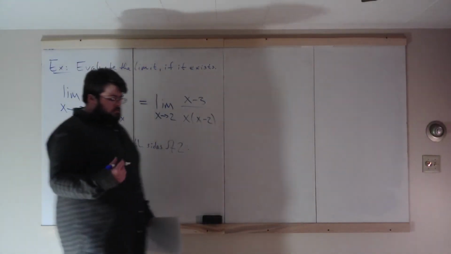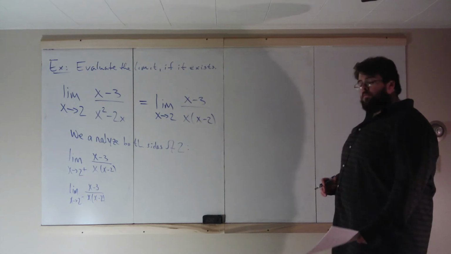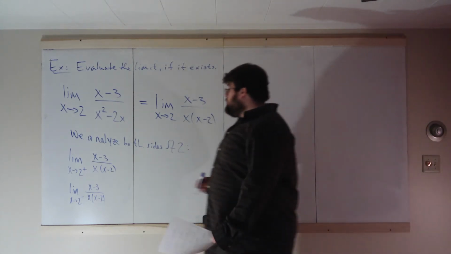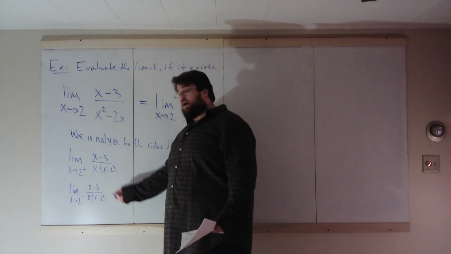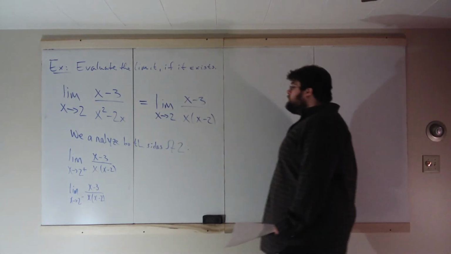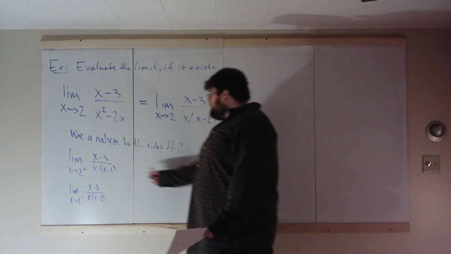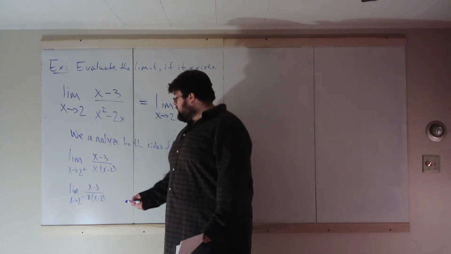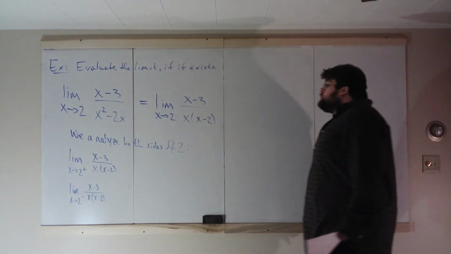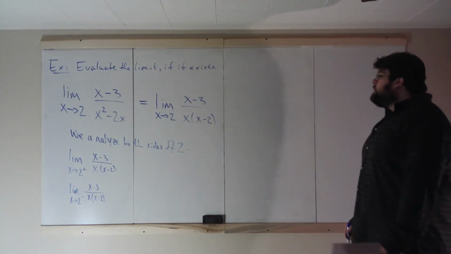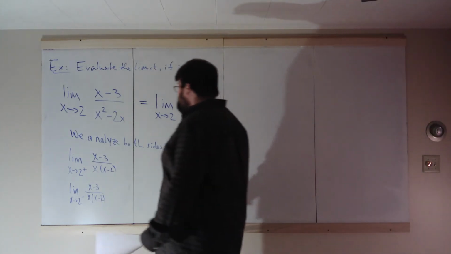Now, just from getting a number over 0, we know on one side it's going to be a positive or a negative infinity. We know on the other side it's going to be a positive or negative infinity. What we need to do is figure out if this is positive infinity or negative infinity, and if this is positive infinity or negative infinity. So all we really need to do is find the sign of the infinity.